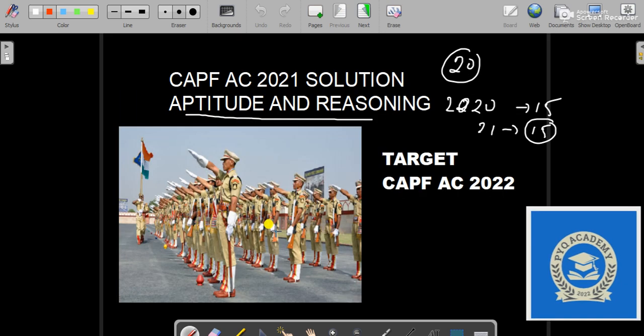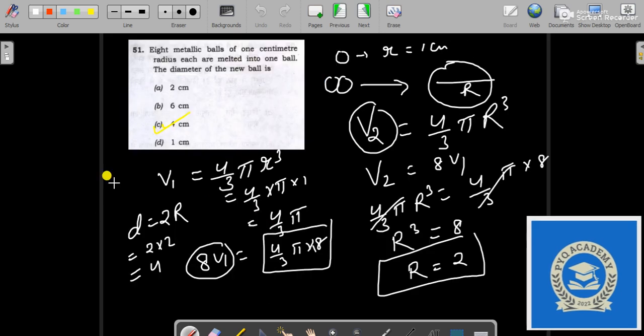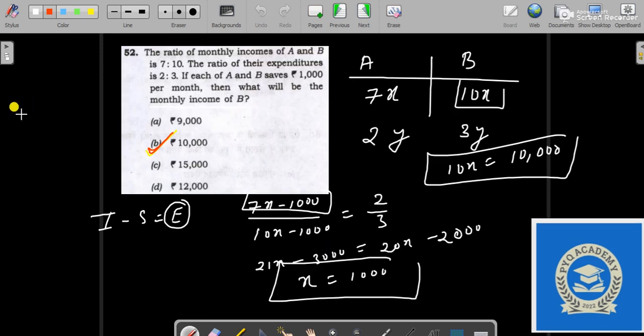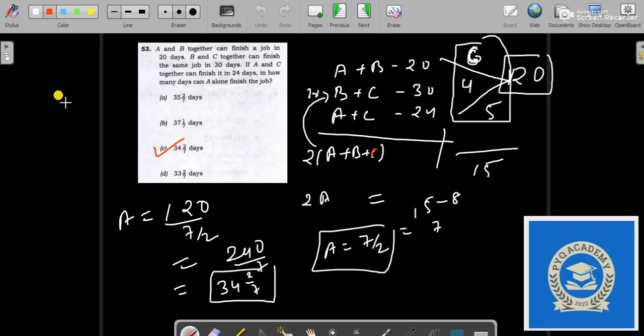So first let's discuss what all topics have been asked. This is a topic from mensuration. Then the next question is from ratio. Then it is from time and work.